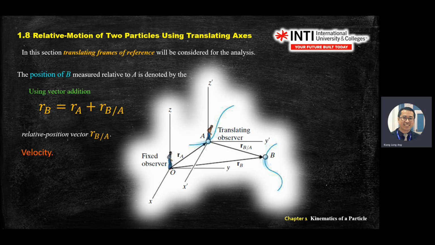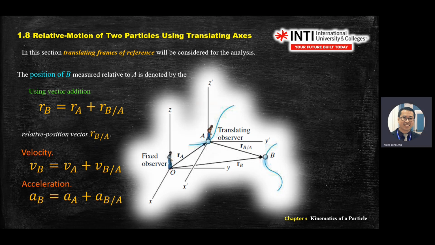You take the time differential, R dot. It becomes R dot B, R dot A, and R dot B stroke A. Okay. So you get VB equals VA plus VB stroke A. Acceleration is the same. You change the velocity to acceleration.